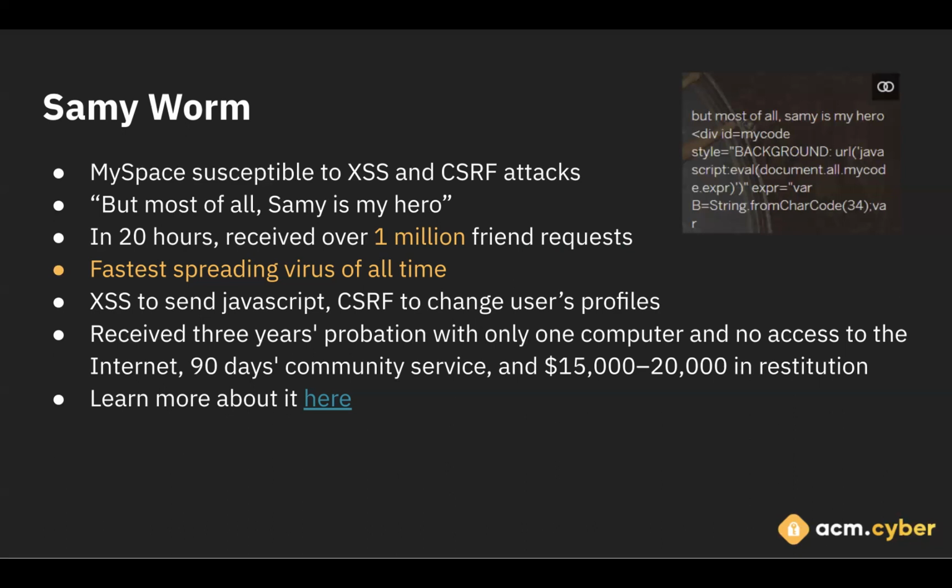And he used CSRF to change the users' profiles because the users had to be logged into their MySpace account to be able to change their own user profile. Because of that, he received 3 years of probation with only 1 computer and no access to the internet, 90 days of community service, and 15,000 to 20,000 in restitution. So before you perform attacks on very big websites, make sure it's legal.